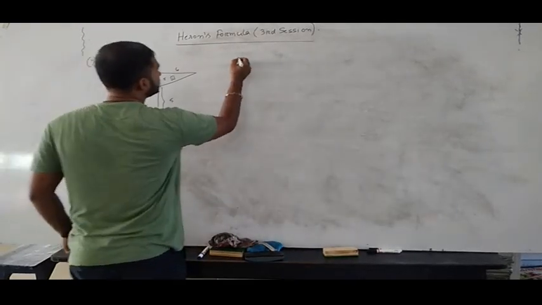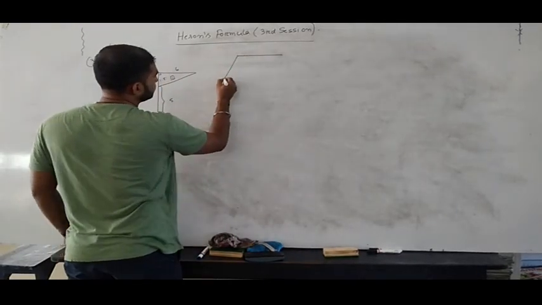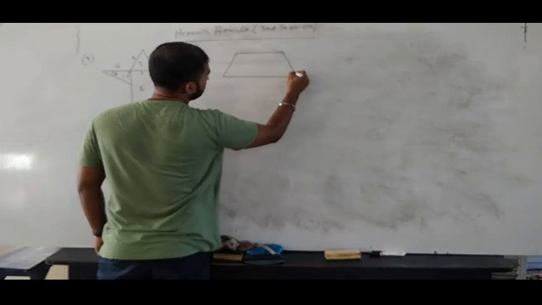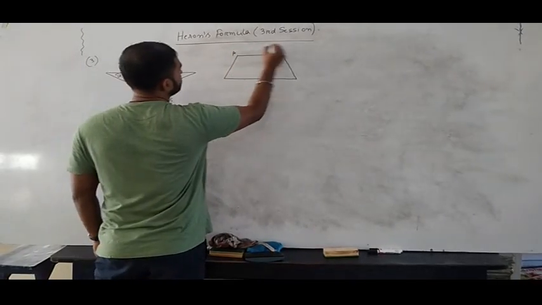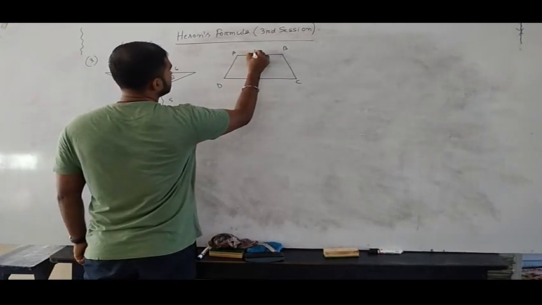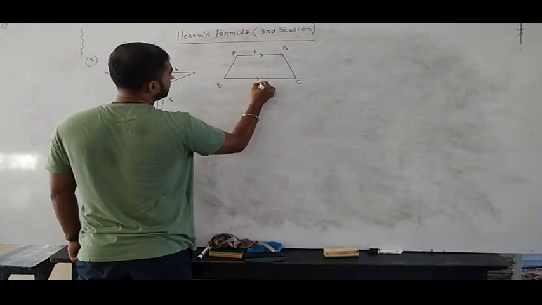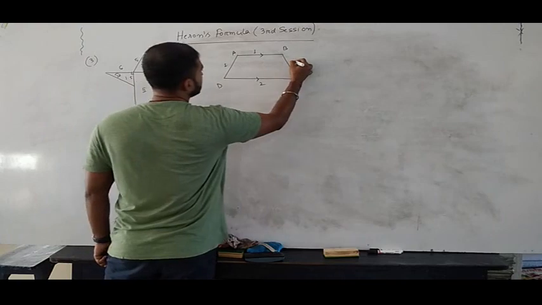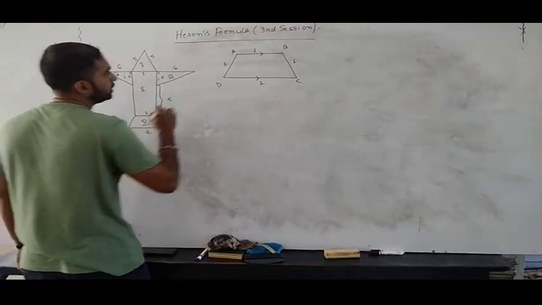So draw diagram. Suppose this one ABCD. Here the parallel sides are 1 and 2 and the non-parallel sides are equal, that is 1 meter.